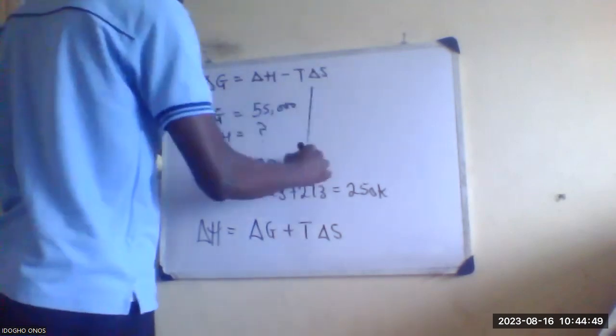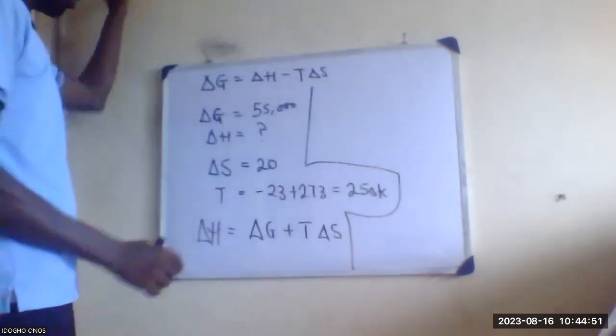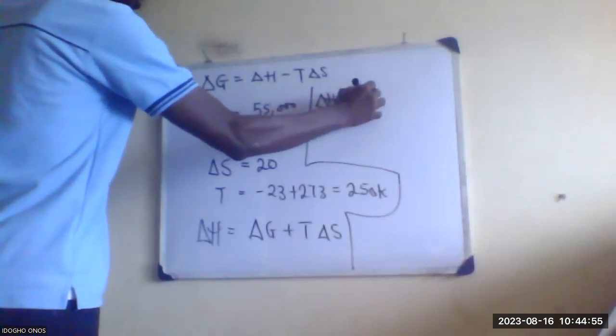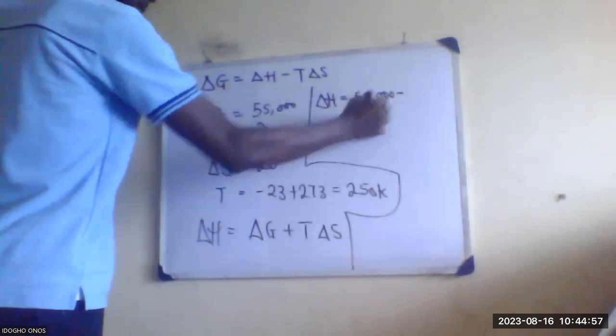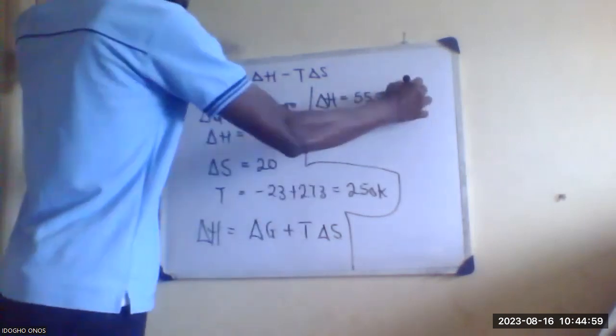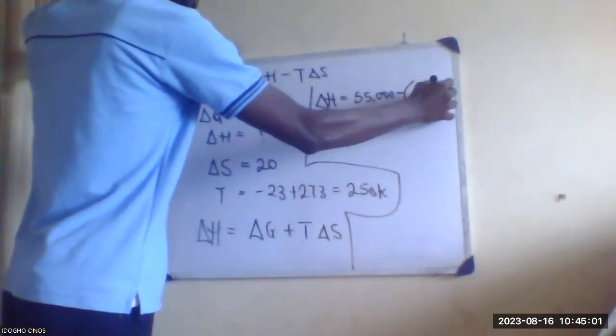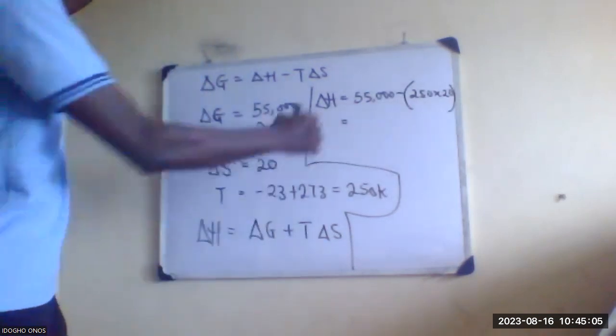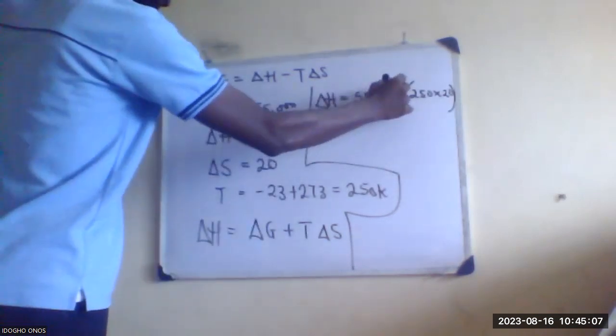Yes. So again, by substitution, I should now have ΔH equals 55,000, that's my value for ΔG, minus T, 250 times 20. Sorry, not minus, rather plus.